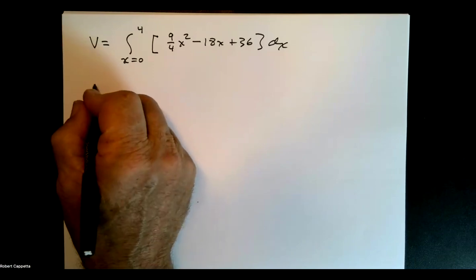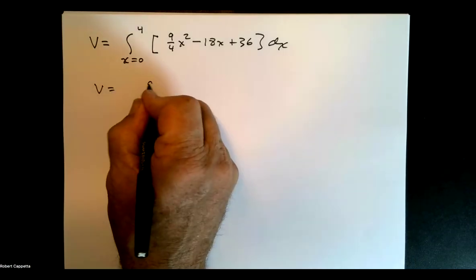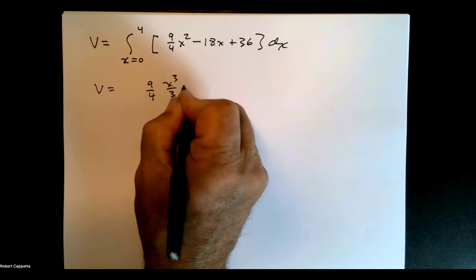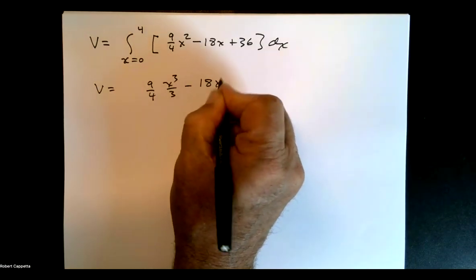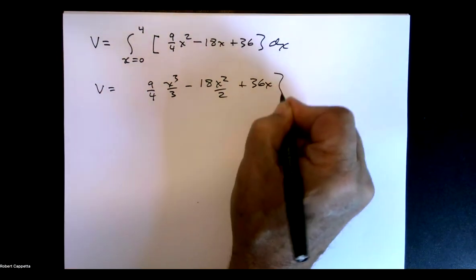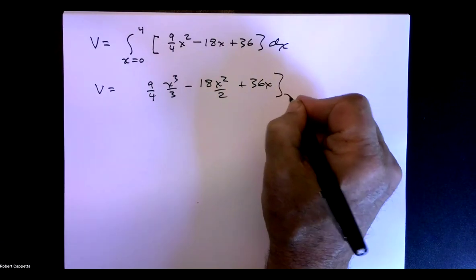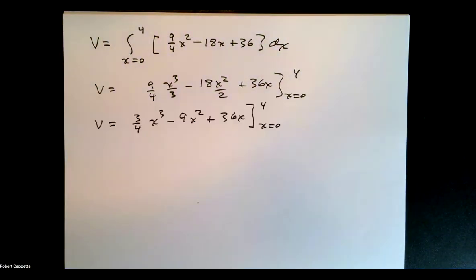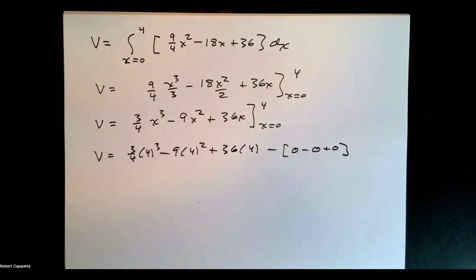Integrating that, we get 9/4 x cubed over 3 minus 18 x squared over 2 plus 36x as x ranges from 0 to 4. Simplifying the algebra, we get 3/4 x cubed minus 9x squared plus 36x evaluated as x goes from 0 to 4.